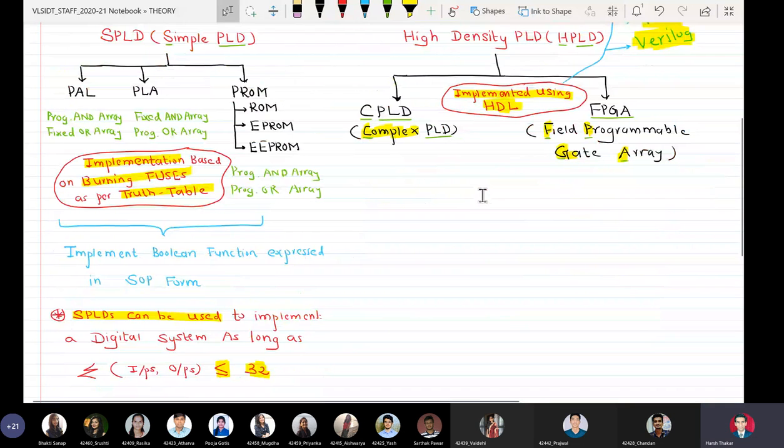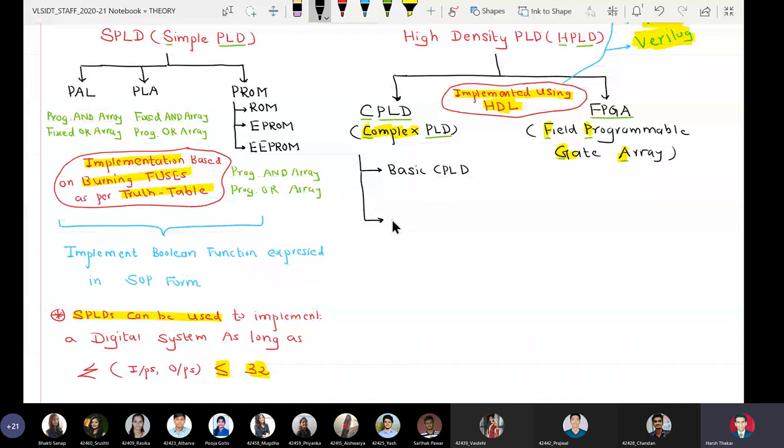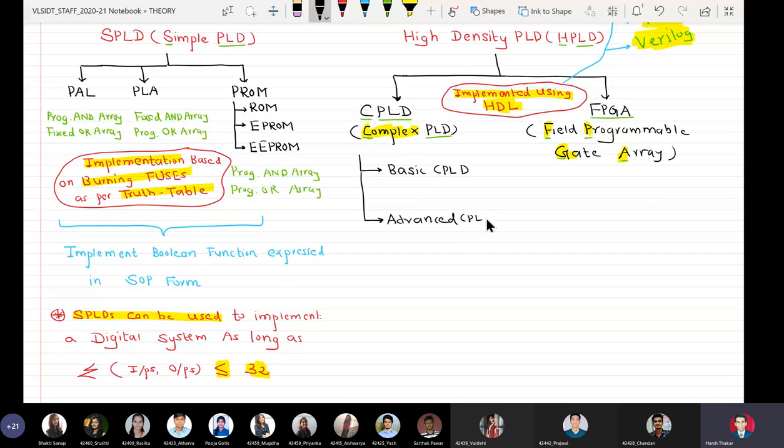Okay, check. So now CPLDs again, there are many types. There are three types basically. We have basic CPLD, and we have advanced CPLD. Some numbers are from Xilinx company, XC95 series, and here we have CoolRunner series.